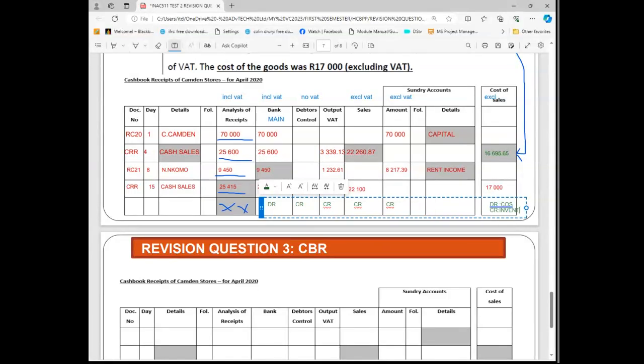But you must remember to affect it. So this will affect two accounts: cost of sales and trading inventory. Because you are not seeing it here, you will forget. But whenever you see cost of sales, write it down, in capital letters, colorful. Every time you see cost of sales, there is inventory. Okay.